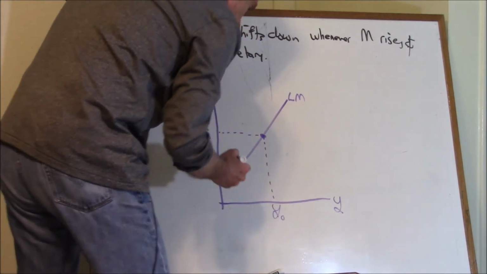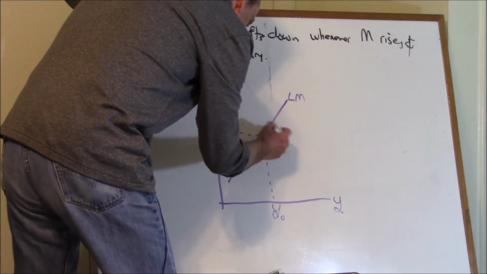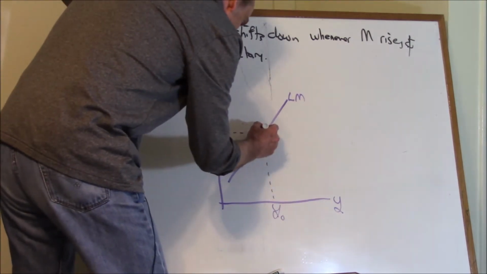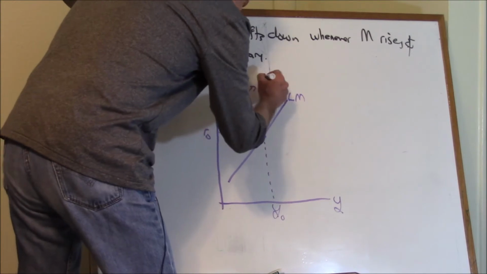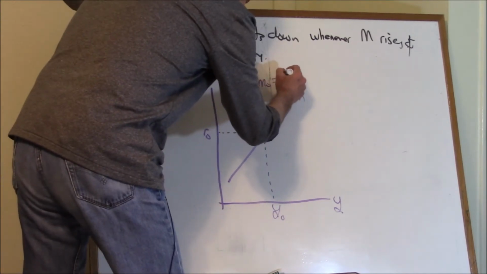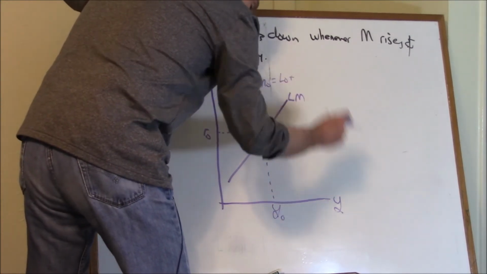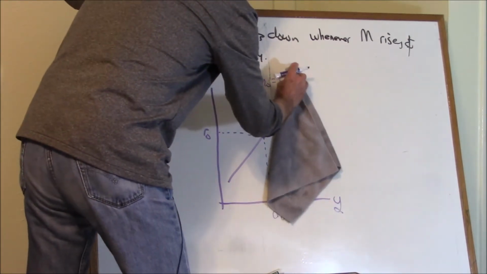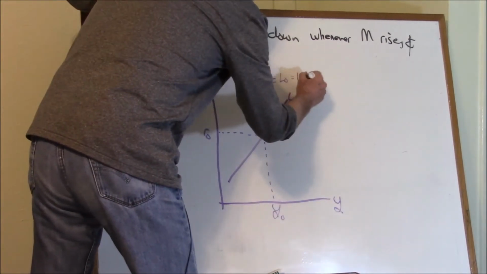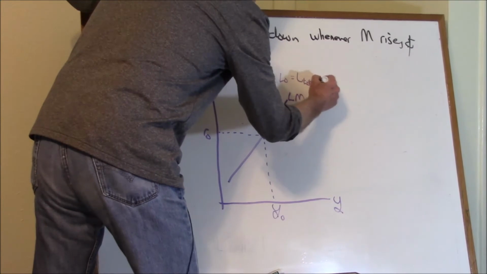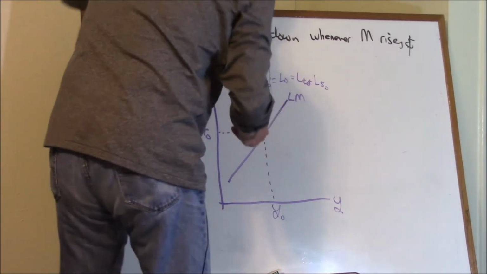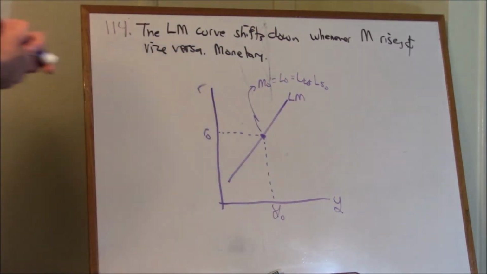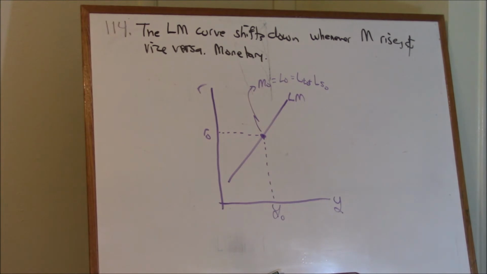Because it gets complicated with this one because there's so many letters. M0 equals L0, which is equal to LT sub 0 plus LS sub 0. Okay, so there's that point right there. Again, this is not part of the answer. I'm just trying to get you to understand what we're talking about.